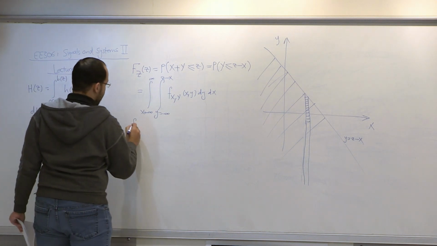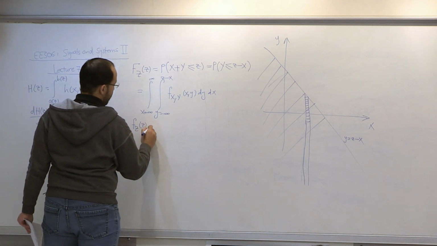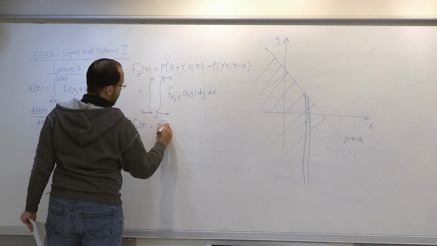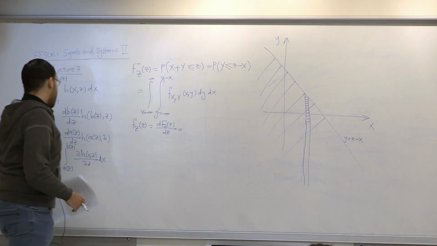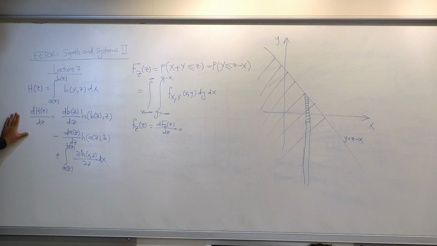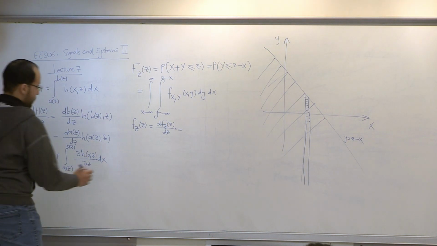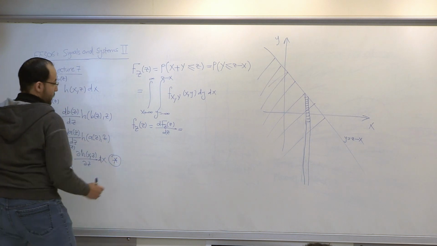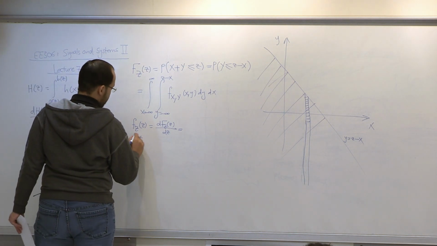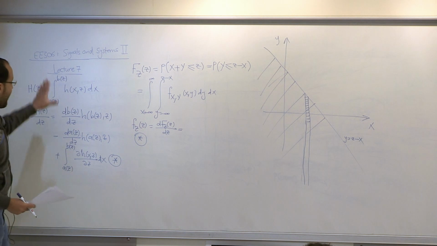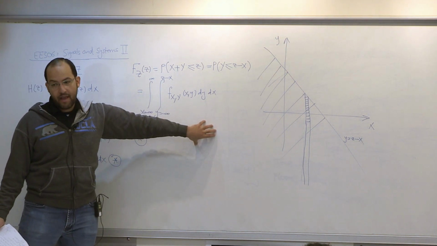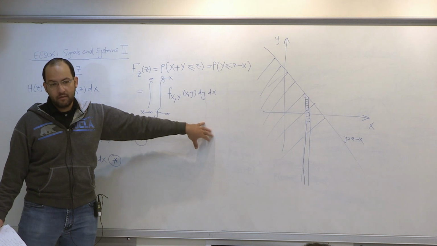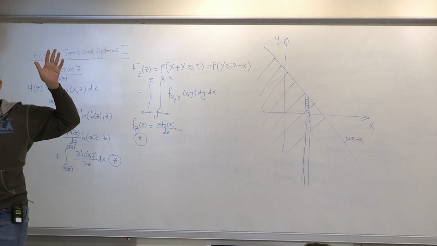But we want the PDF fz of z, which is d fz of z by dz. Here comes this important relation that we will use, relation star. So from star, can someone tell me how many of these three terms will end up having here after the equality sign? Some terms will get cancelled.